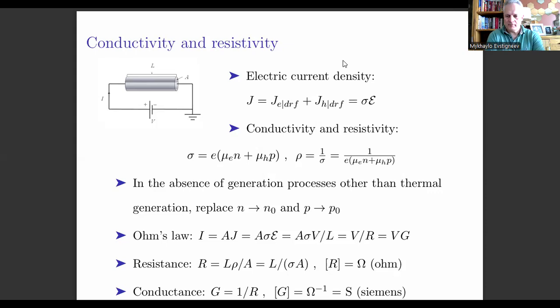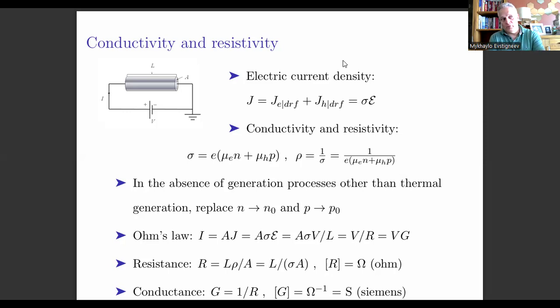All right, so now we can relate the electric current density to the properties of the material. We know what the conductivity and resistivity are. Now, what about the current? Let's say you have a semiconducting bar, or in fact, it could be any conductor. Current density tells you how much charge is transferred through a unit surface area per unit time.